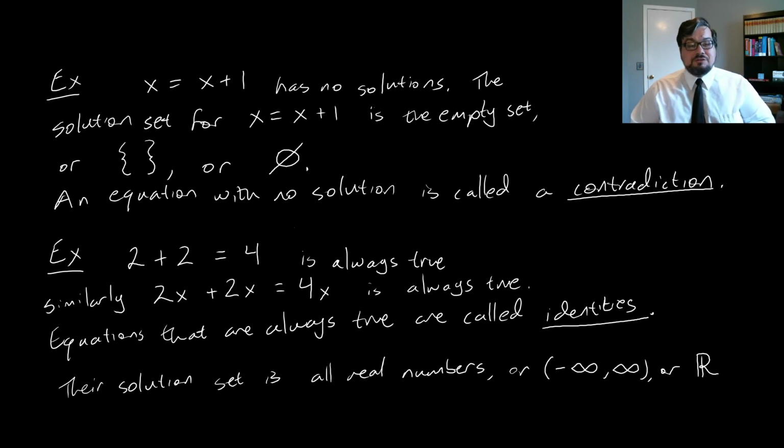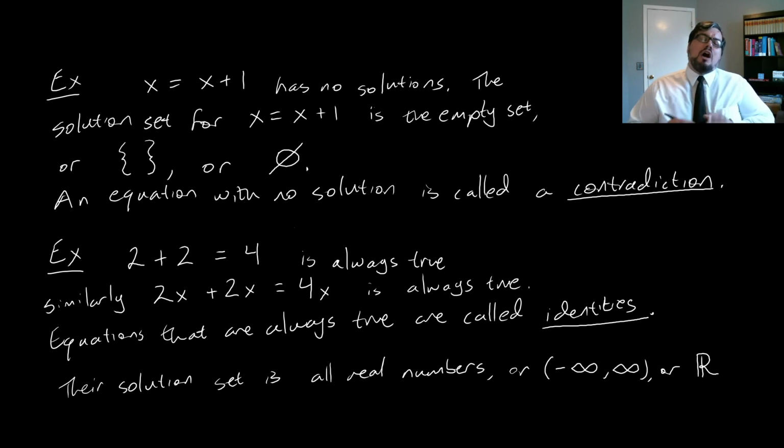In the first equation, that's because x changing doesn't even change any parts of the equation. And in the second case, this is just an identity that we're familiar with, that if we want to add two like terms together, if we take 2x plus 2x, that in fact always equals 4x.